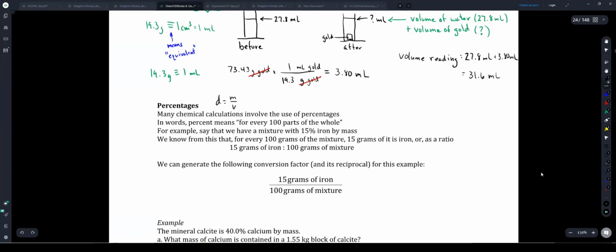So you could multiply both sides by V and divide both sides by D, and that would rearrange to volume equals mass over density. And isn't that what I ended up doing? I took the mass and divided it by the density. That would have worked as well.